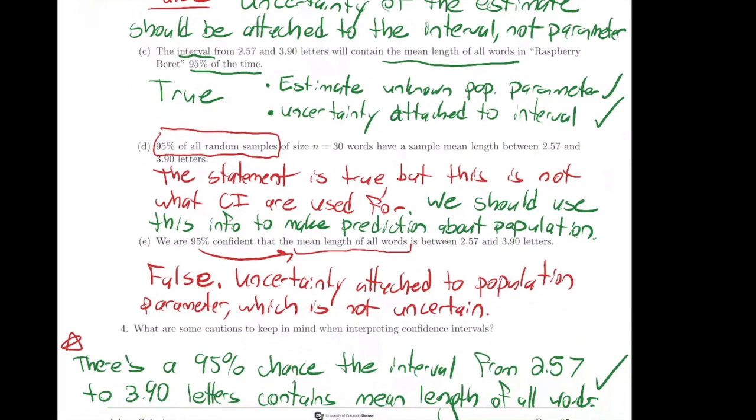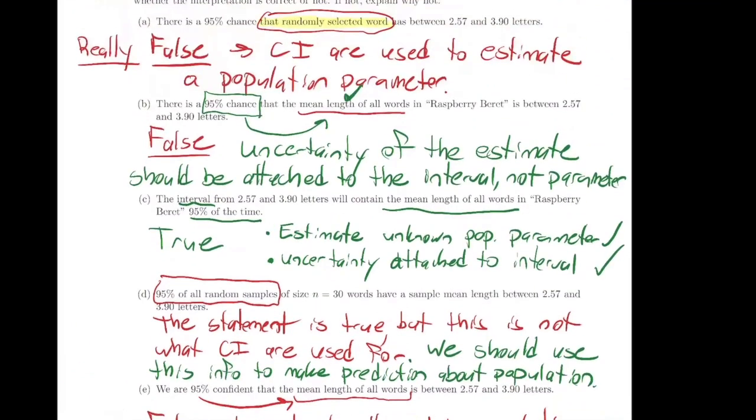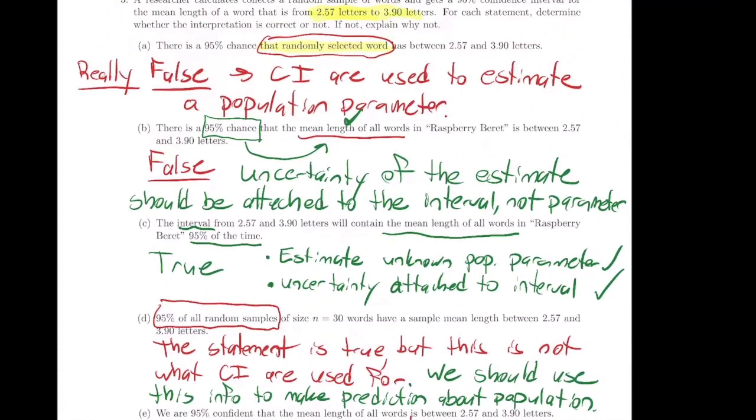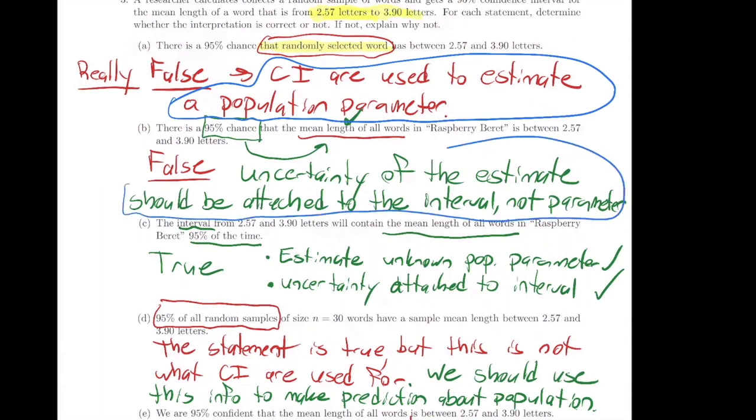So this question 4 is saying, what are some things to keep in mind? And I would say there's really 2 main things to keep in mind. One is, what are we using these confidence intervals to estimate? Some of these were false because they were using it to estimate the wrong thing. And the second is where you are attaching the uncertainty.